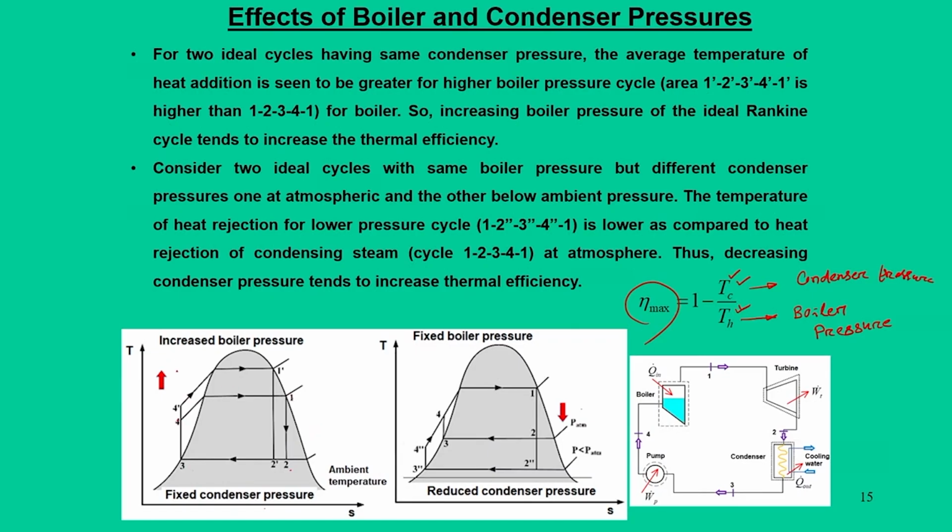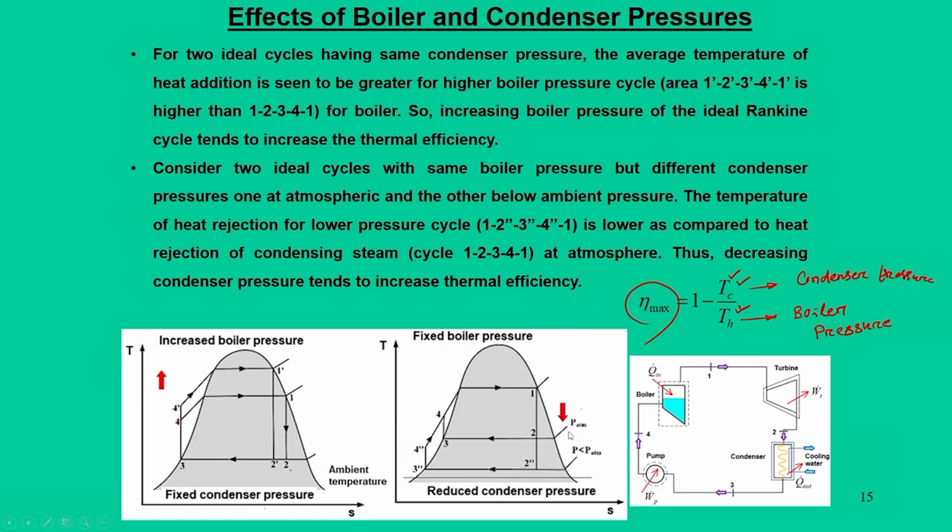Now, if I am increasing the boiler pressure, the cycle now becomes 1 dash, 2 dash, 3, 4 dash. In this process, your mean temperature of heat addition gets increased. As a result Q in also increases, and when Q in increases, your efficiency also increases. So, increasing the boiler pressure for an ideal cycle tends to increase the thermal efficiency.